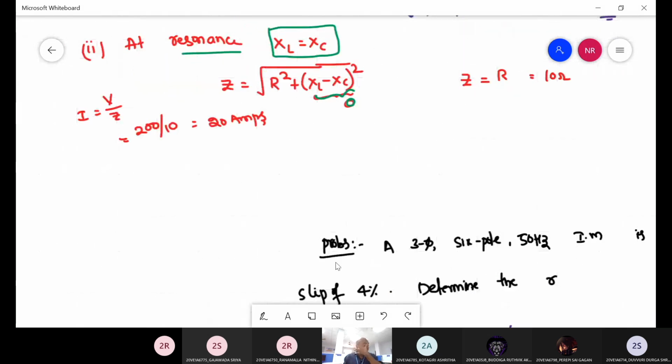Next, third bit. After the current in the circuit at resonance, the next part is the corresponding voltage developed across the capacitor.